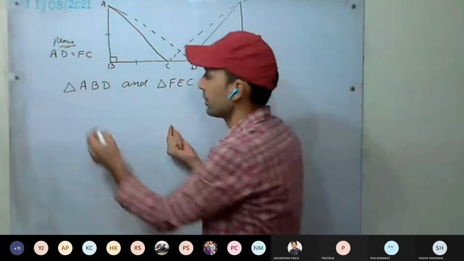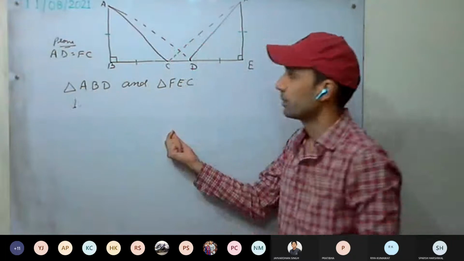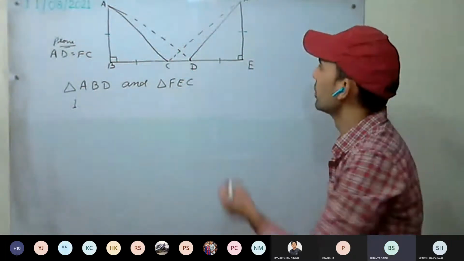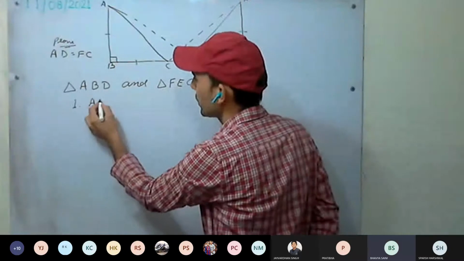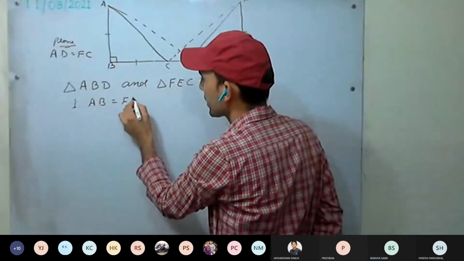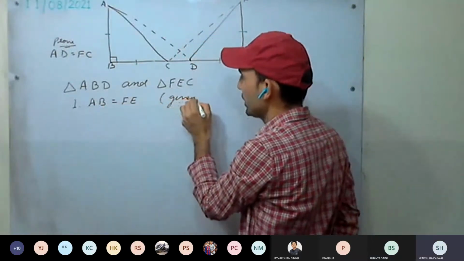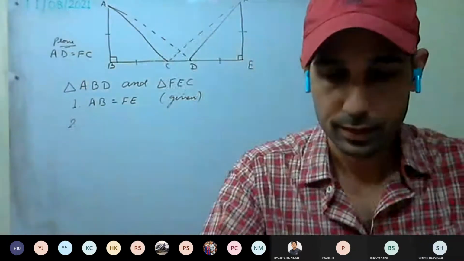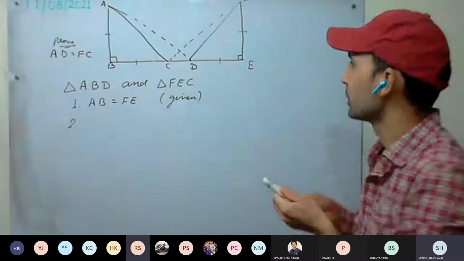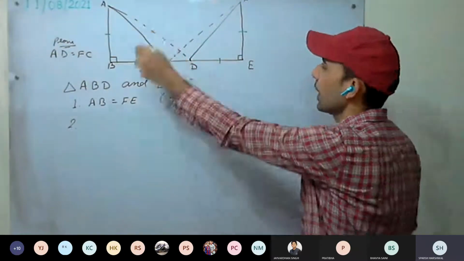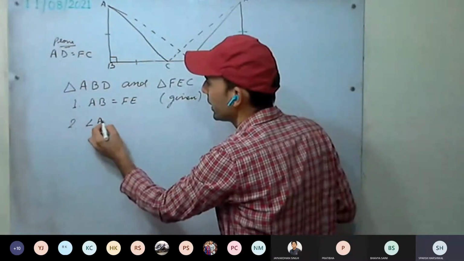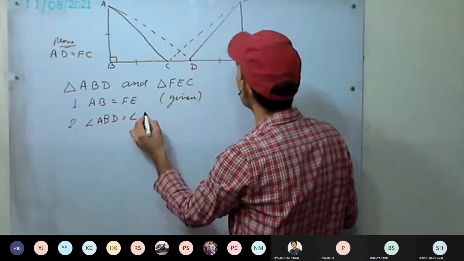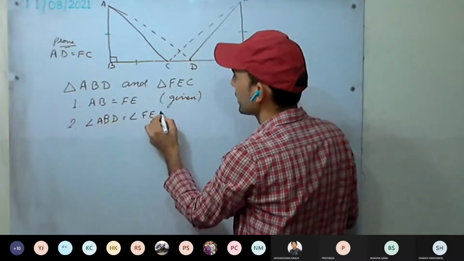Now, AB is equal to FE. It is given. One side we have proved. Next, angle ABD equal to angle FEC.